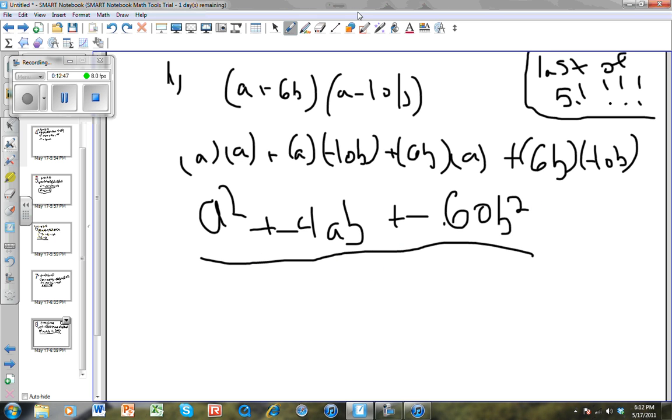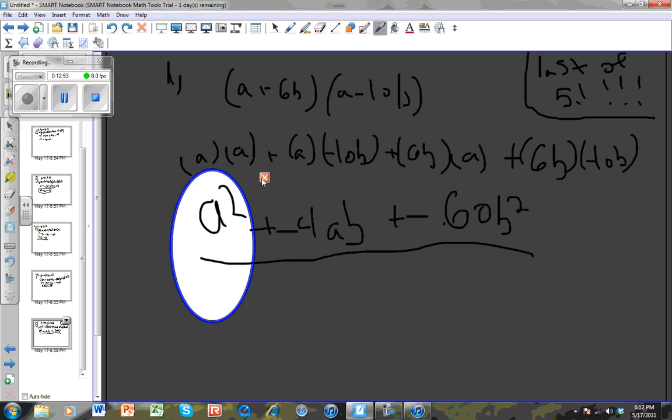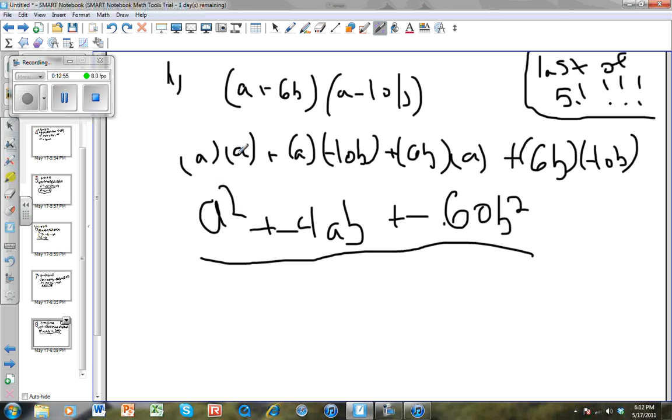What I did here was A times A is A squared, then A times negative 10b becomes negative 10ab, and 6b times A becomes 6ab, so negative 10 plus 6 is negative 4ab.